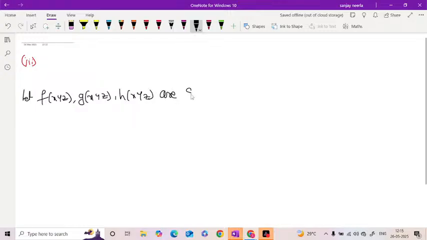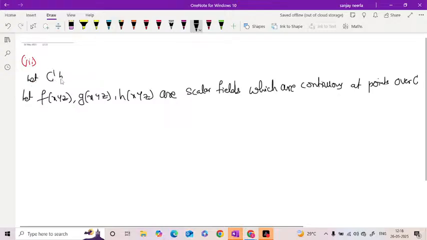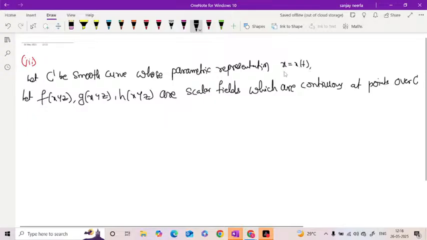I am assuming they are scalar fields, which are continuous functions at the points over the curve C. That means I am assuming C is a smooth curve whose parametric representation or parametric form is x equal to a function of t, y equal to a function of t, and z equal to a function of t.